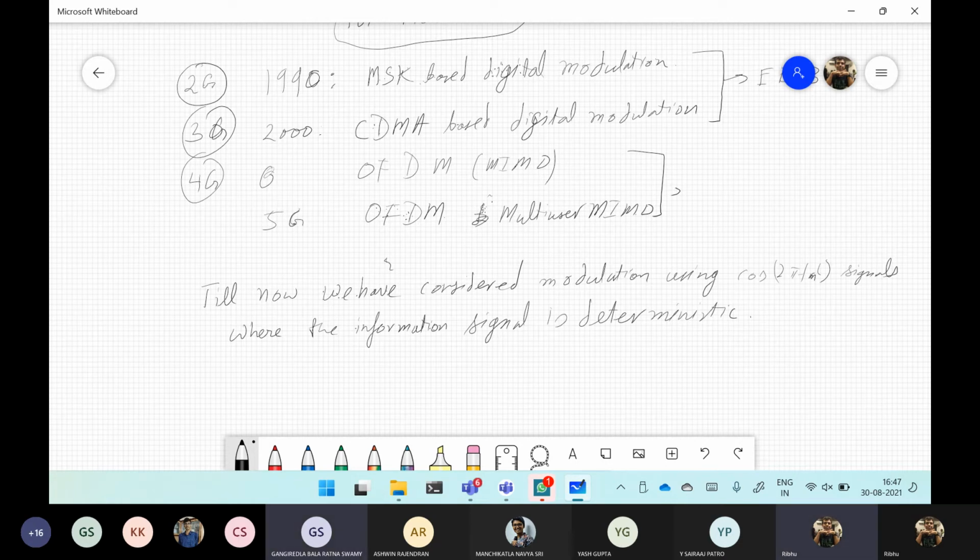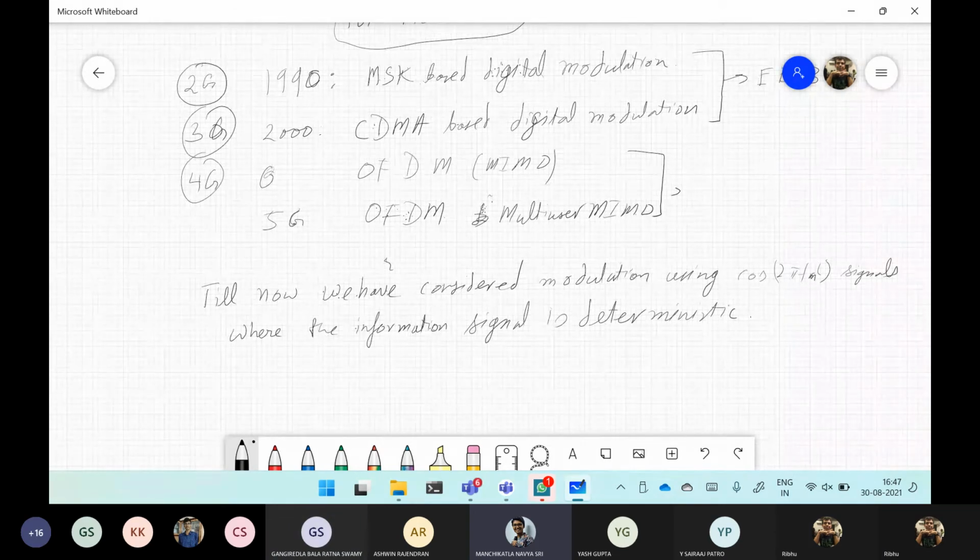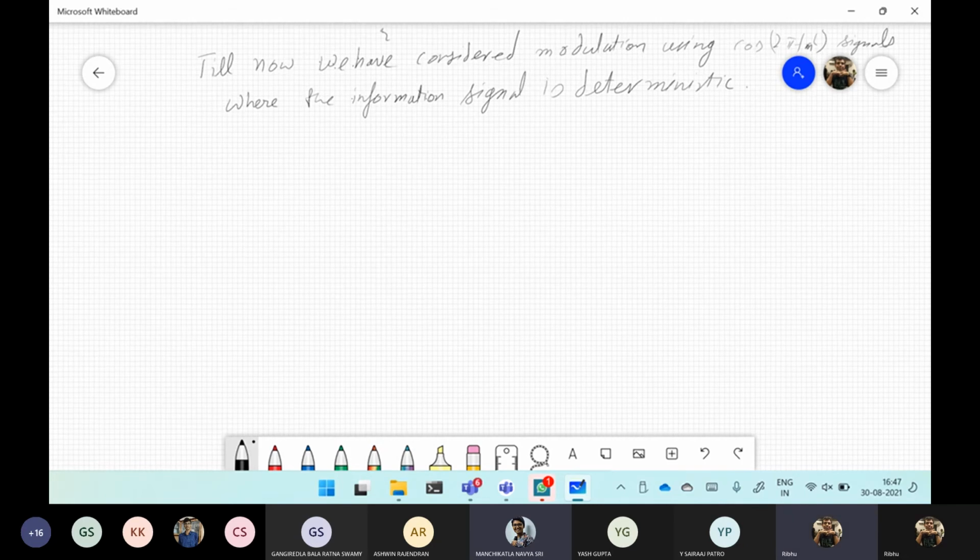Random signal means we get something like noise. Maybe like that, it gives a random value, whereas a deterministic signal has some sequence. Yeah, okay. So let me put it this way.